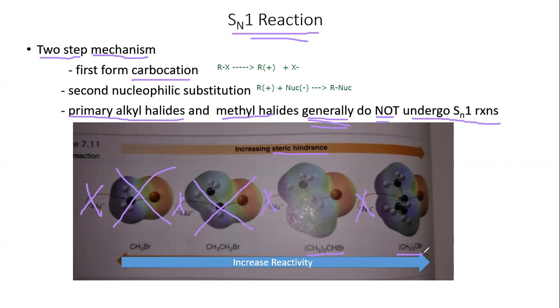So again, secondary and tertiary alkyl halides would undergo the SN1 reaction mechanism.